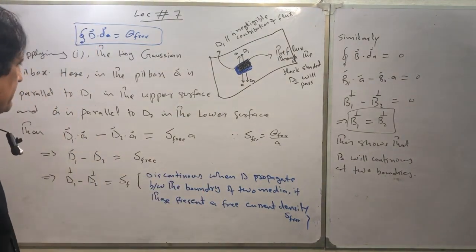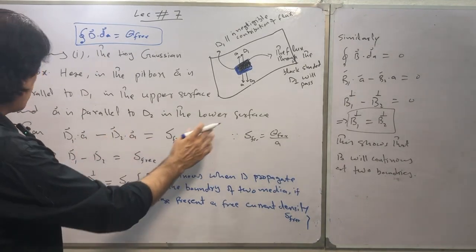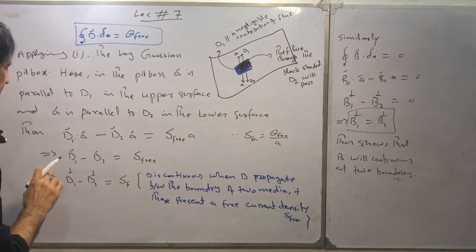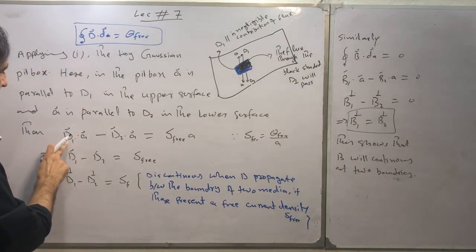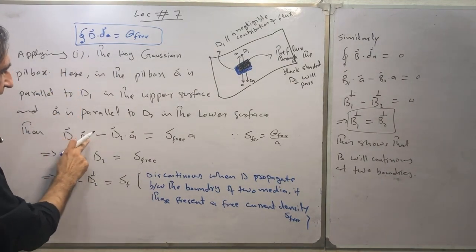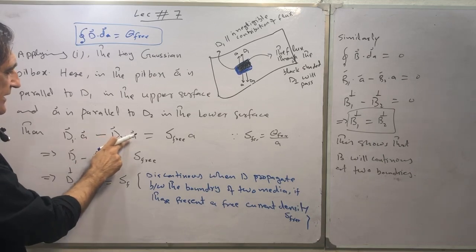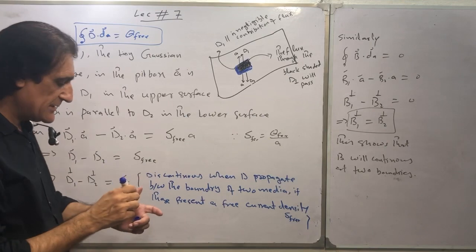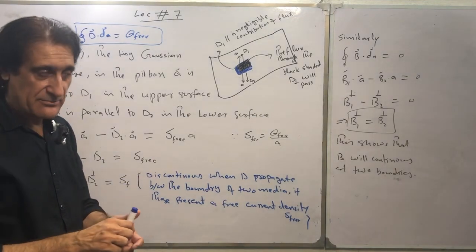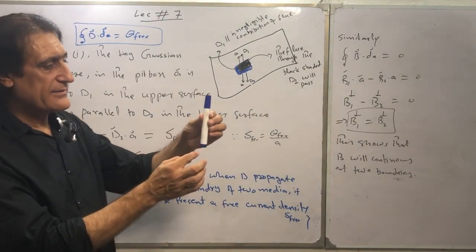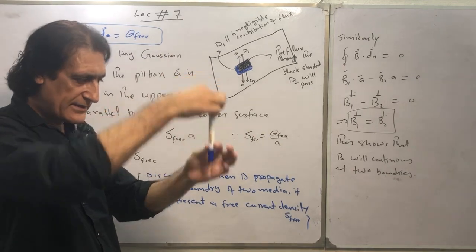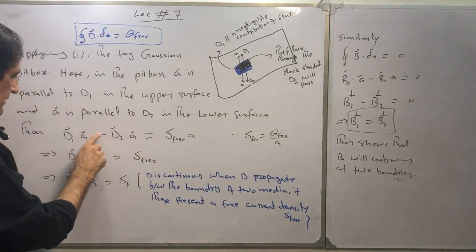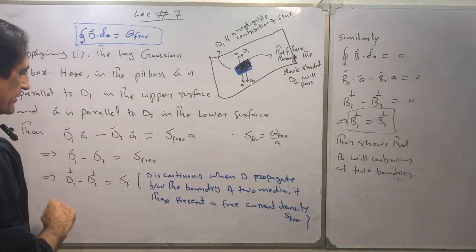This one is D1 and the other one is D2. Then using this equation, we have D1 dot A minus D2 dot A. This minus comes from the opposite direction, because one area is on this side and the other area is on the other side, so there will be a minus between these two areas.